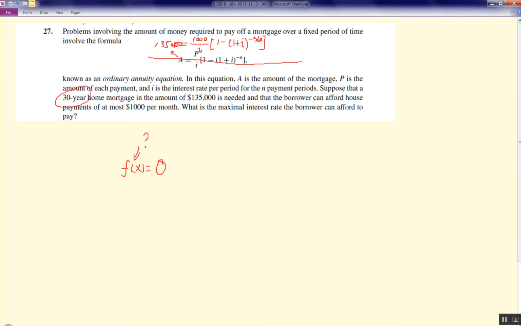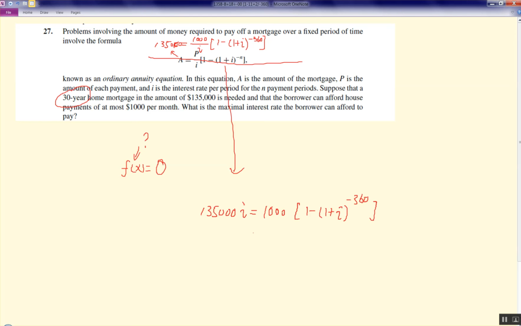By looking at this equation above, we can rewrite it. First of all, at least something I can do is to eliminate this i. Sometimes removing i in the denominator may be a good idea. So I can rewrite that as 135,000 times i equals 1,000 times (1 minus (1 plus i) raised to negative 360).